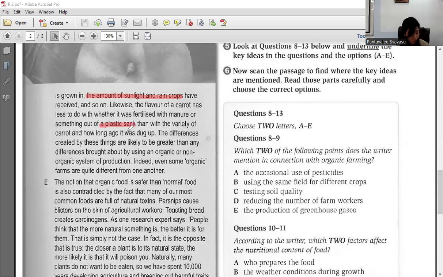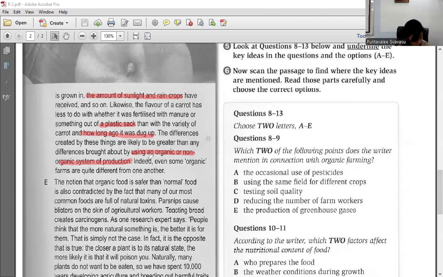When the plants were removed from the earth, so it's here. And the last one, type of farm, using organic or inorganic system of production. So again, you will see that you can kind of choose for all of the 5 choices. So let's go into detail whether it's right or wrong.